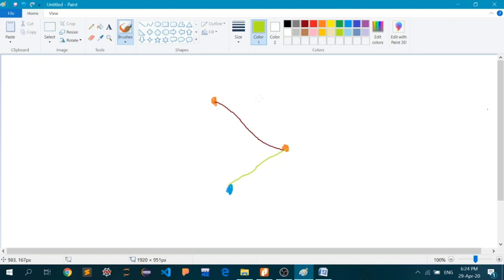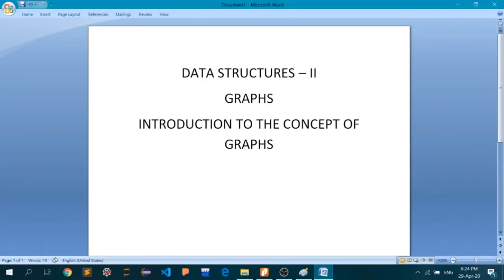Now this is just a Facebook page, but if theoretically we have to study this graph, we will not call them Facebook pages, obviously. So they have all these key points in this graph, and they have their own names. The first key point is this dot, which is called a node or vertex.